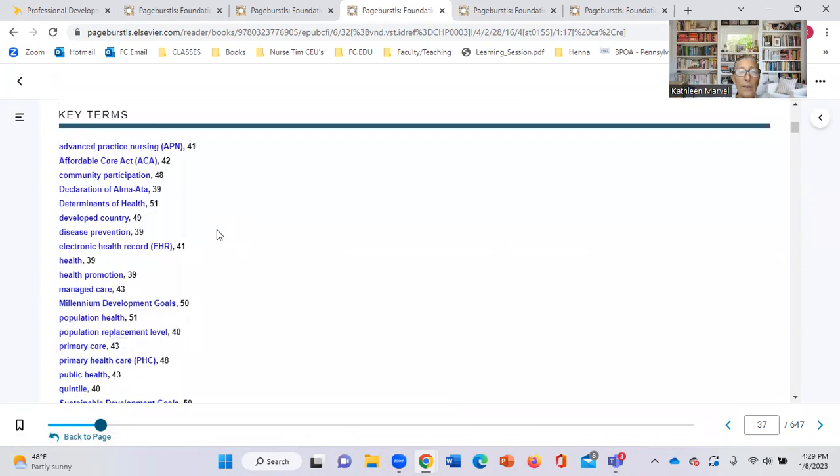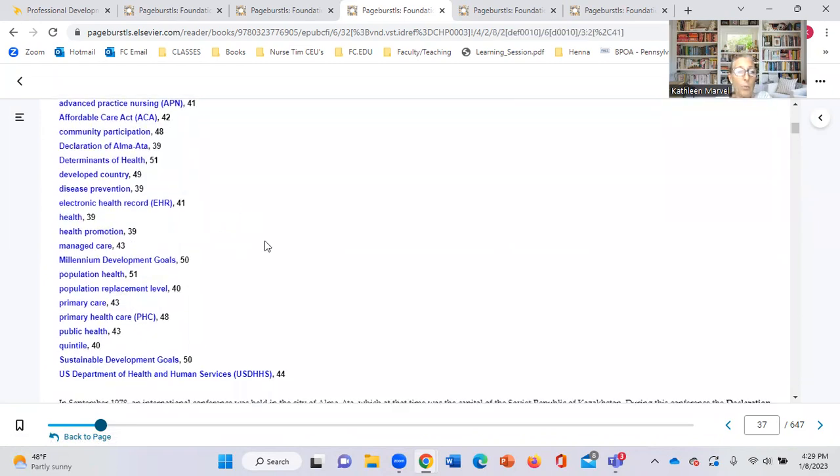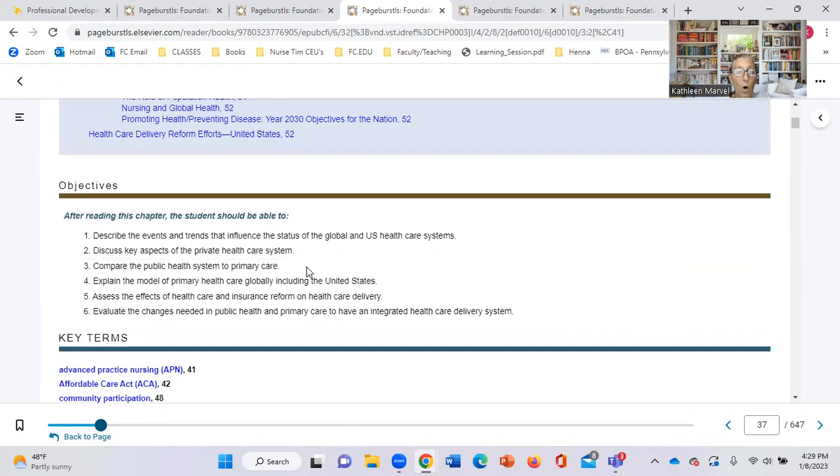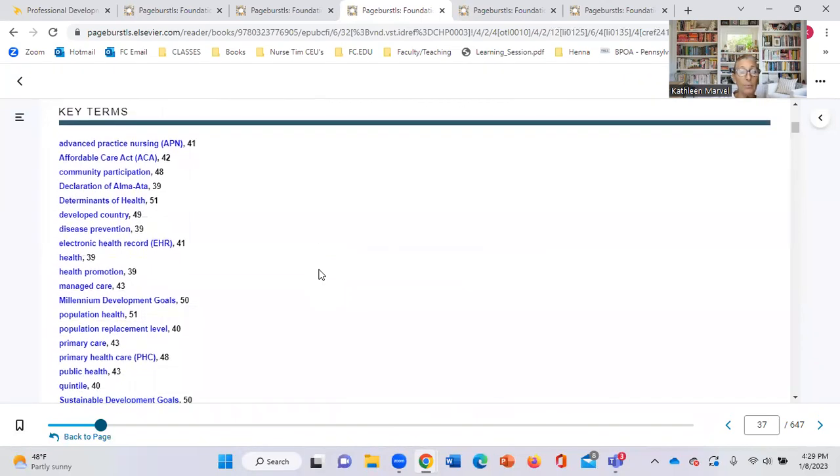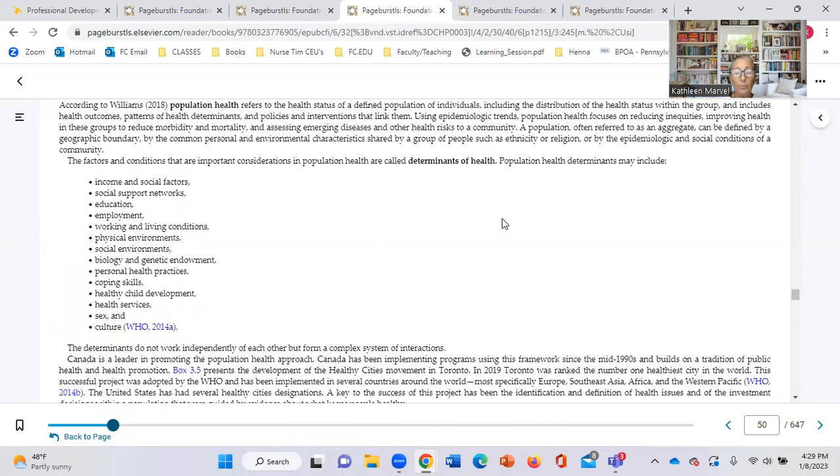The other thing I'll point out, and I should have pointed this out in the chapters before, if you have words in your objectives that you don't understand, okay, or words in the chapter you don't understand, click on them, these are all hyperlinked as well. You know, what's population health?